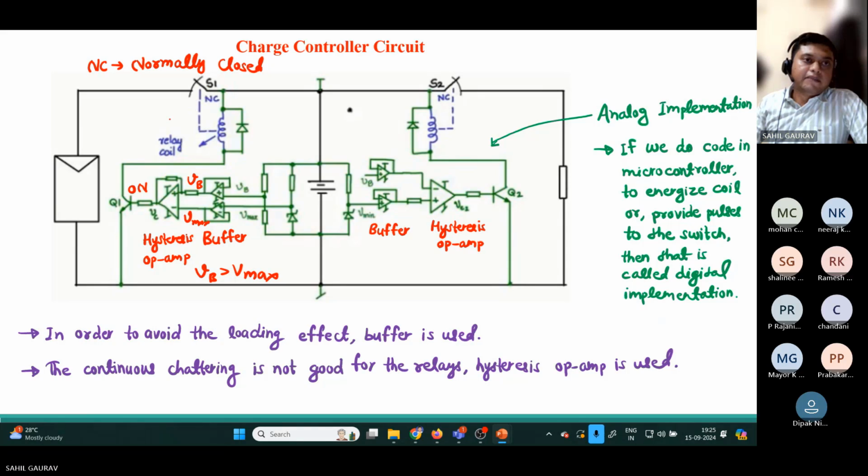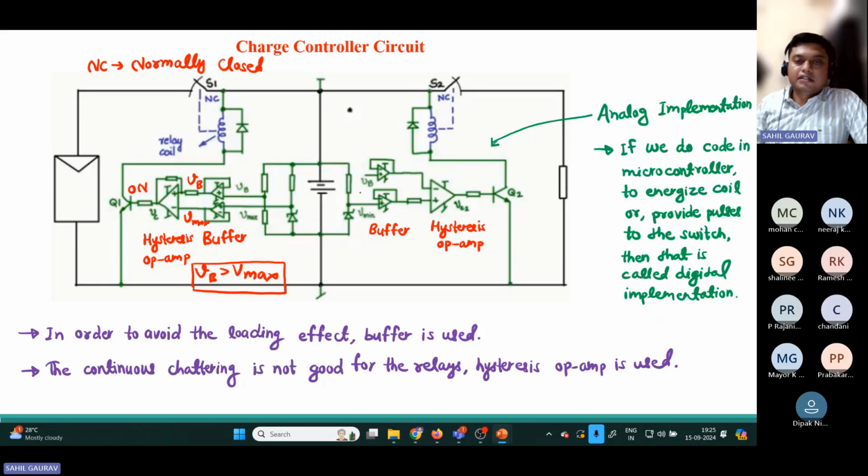So it will open the switch. Why does it open the switch? Because our battery is nearly fully charged. So in this case it will open this switch S1.